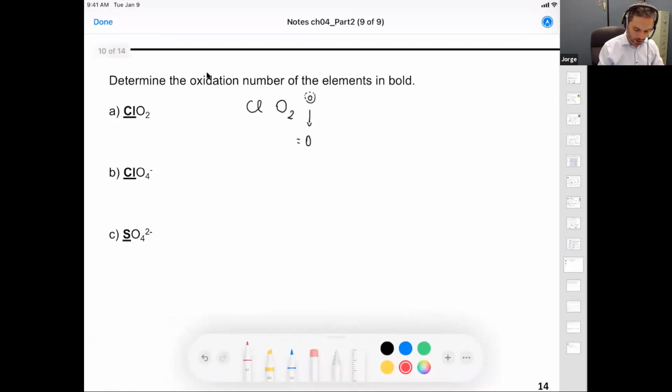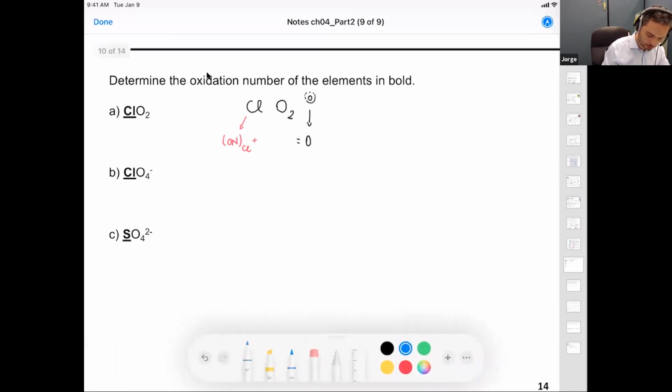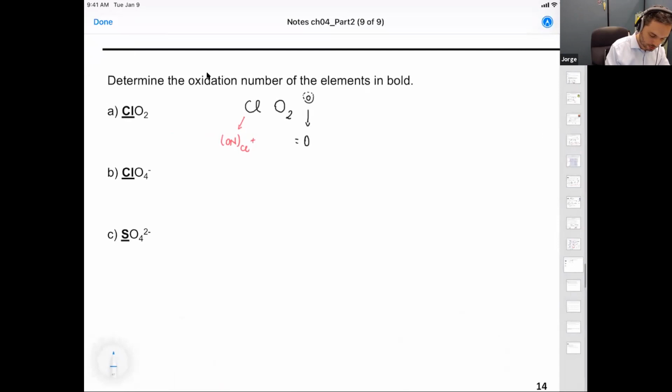Okay, now let's write that the sum of the oxidation numbers for all the elements in the formula is 0. Starting here with chlorine: oxidation number of chlorine plus 2 times the oxidation number of oxygen is equal to 0.